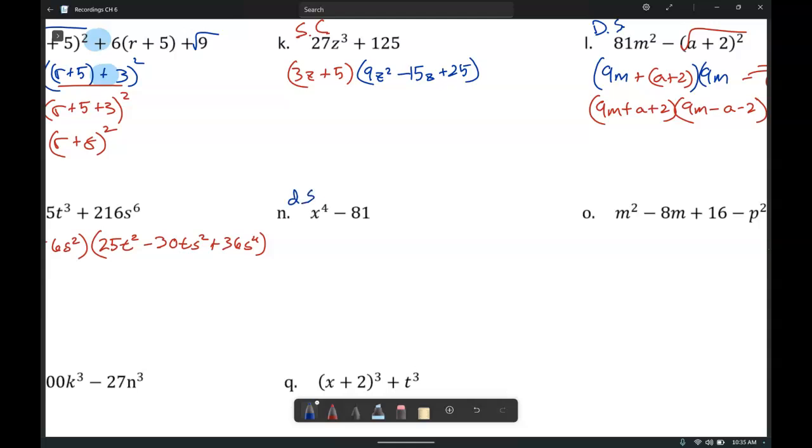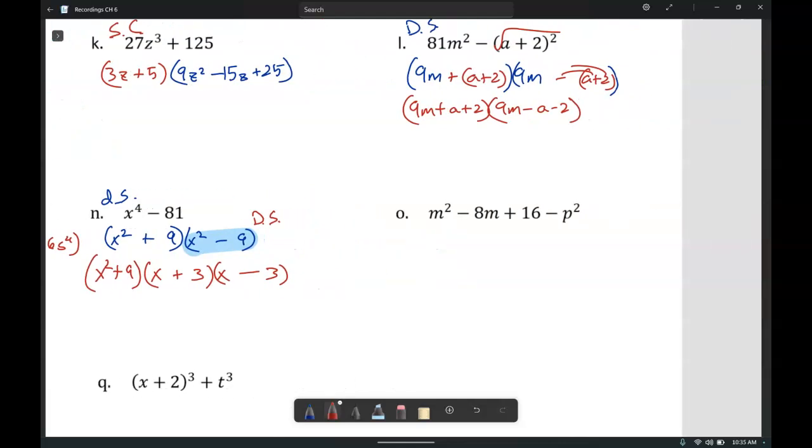Difference of squares, first term square root, second term square root, one plus, one minus. Notice here we have another difference of squares. Square root of the first, square root of the second, one plus, one minus.